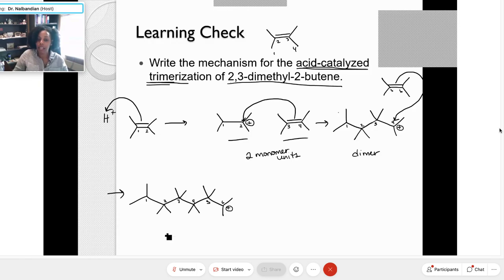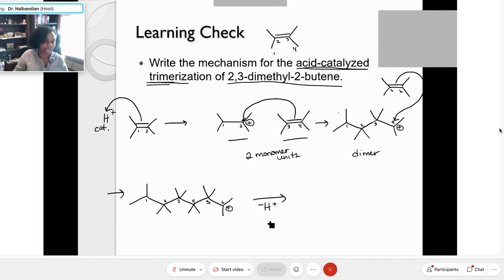Now I've reacted where carbon 4 has a bond to 5. And now between 5 and 6, there's a single bond. So this is really our trimer, but we had acid catalyst, right? This was a catalyst. So let's lose acid now to regenerate it.